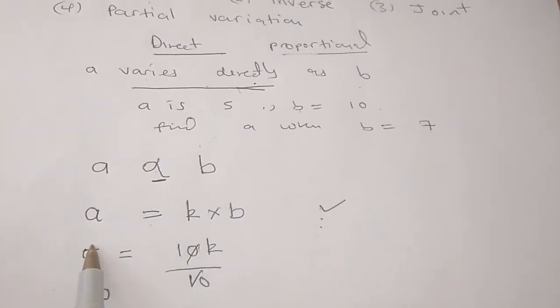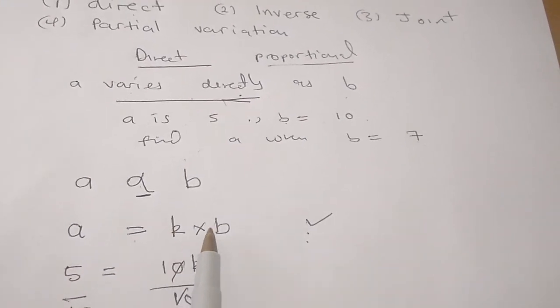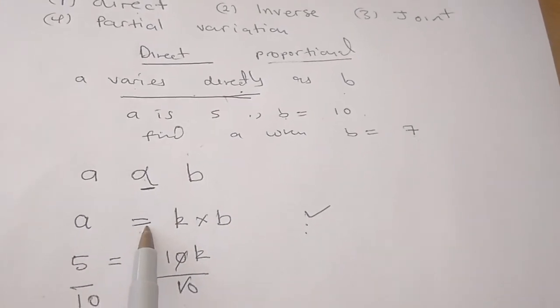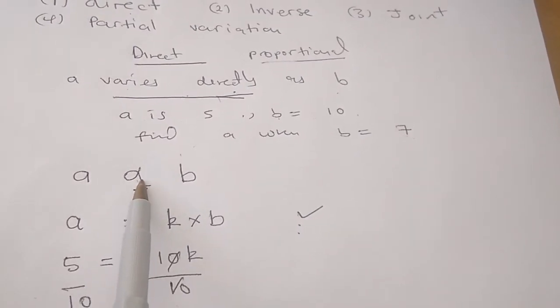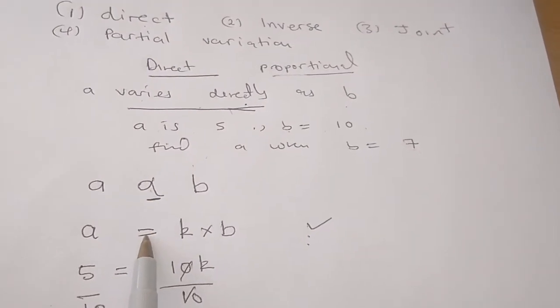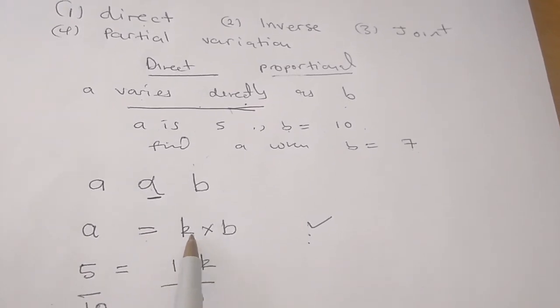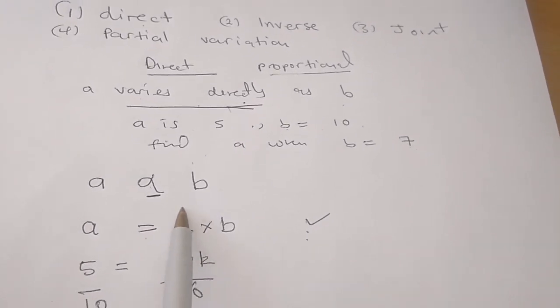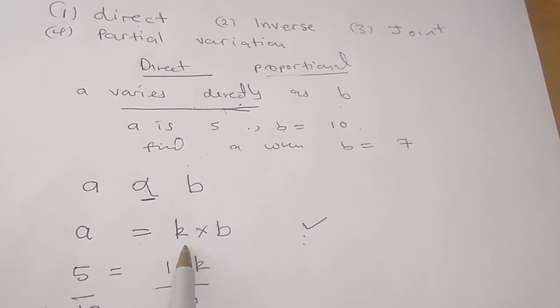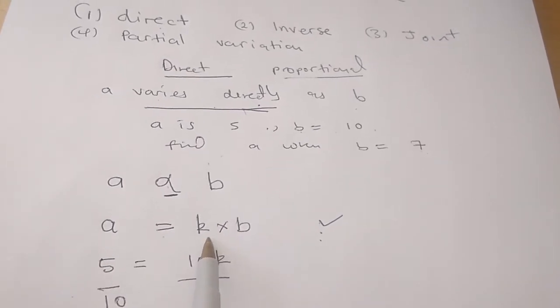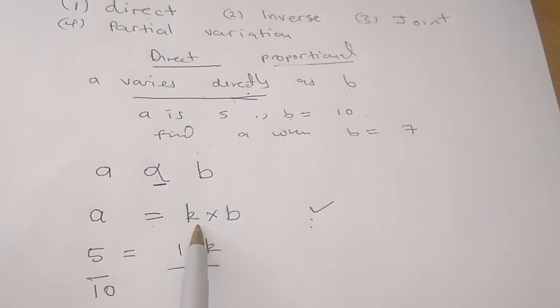I say A is equal to, but the moment I remove this sign and replace it with an equal sign, I then multiply whatever is on the right side with K. You see this K? I said K times B. K is standing for constant.